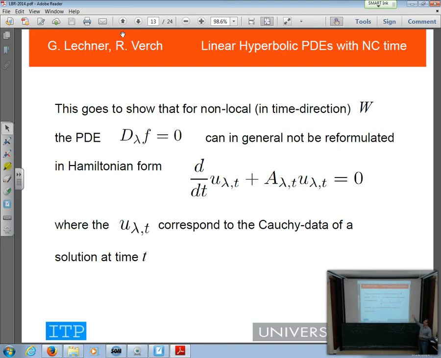So it looks like quantum mechanics, essentially, where, as I said, the u correspond to the Cauchy data of a solution at time t. So this does not work.